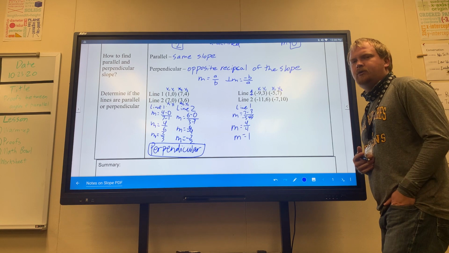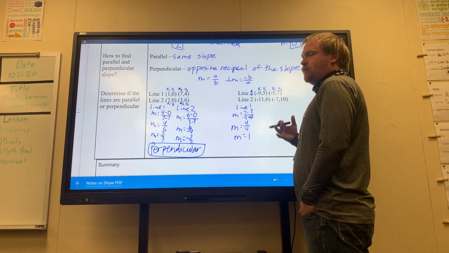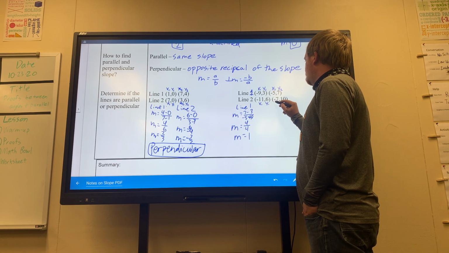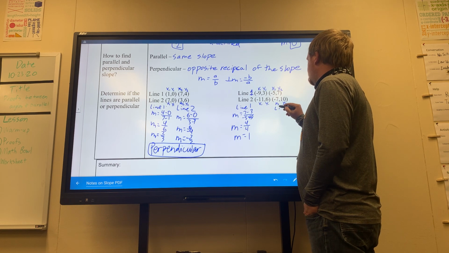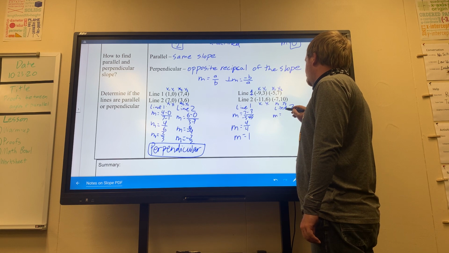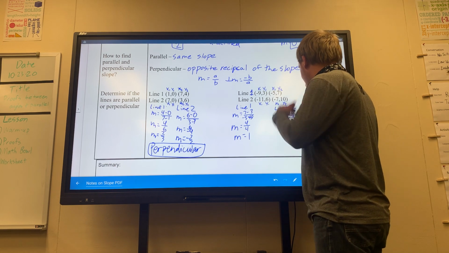Pretty simple enough, pretty easy. Now, again, still want to label them accordingly. So x1, y1, x2, y2. So here's my line 2, and I'm going to say m equals 10 minus 6 over negative 7 minus negative 11.